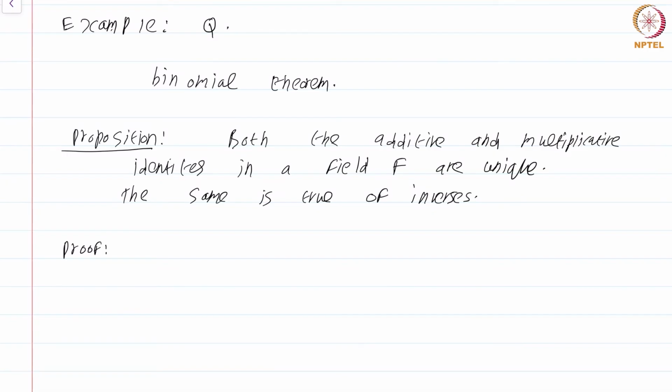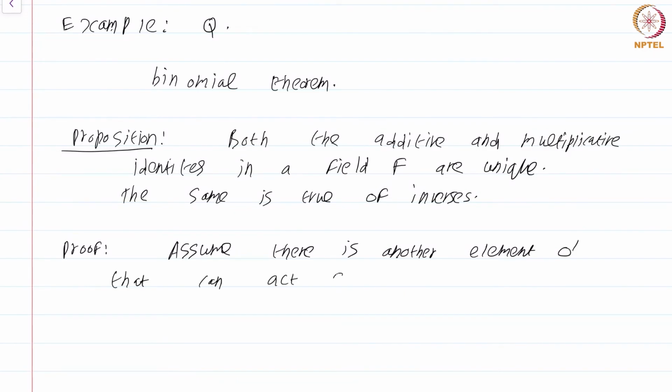One tip here is that when you want to show that there is exactly one element in a set that satisfies a certain property, the way to go about it is to assume there is another element 0 prime that can act as additive identity. Now what we will do is show that 0 has to be 0 prime.